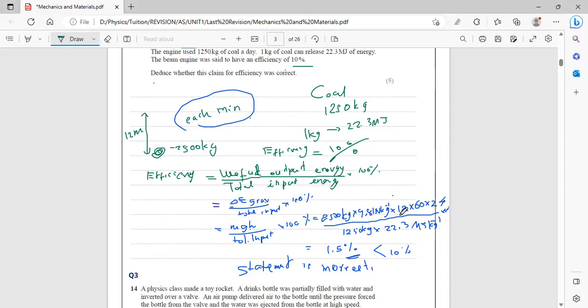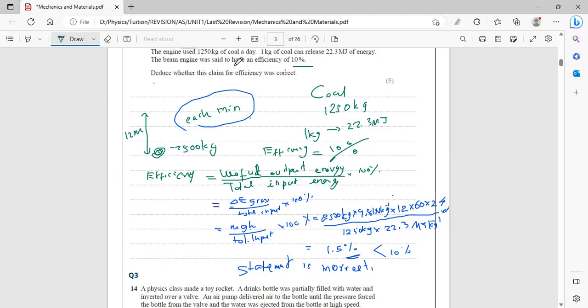If you want to find out the amount of energy per day, you need to multiply this energy by the number of minutes per day. So how to find the minutes per day? 24 into 60.